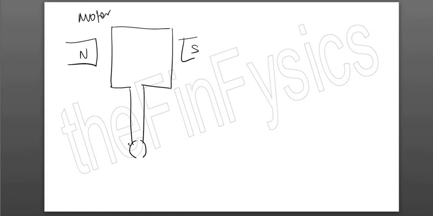These split rings are movable. Then you have carbon brushes which are fixed. When the split rings rotate, they rub over these brushes, and hence electric current flows through the conductor. And this is what the diagram is. And over here you can connect a fan or anything.